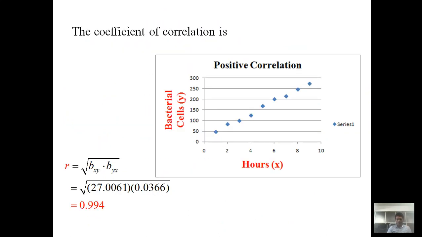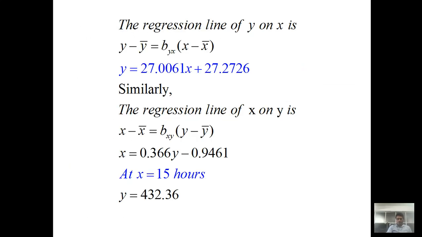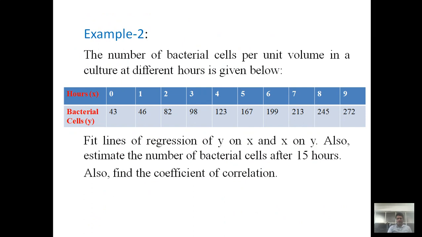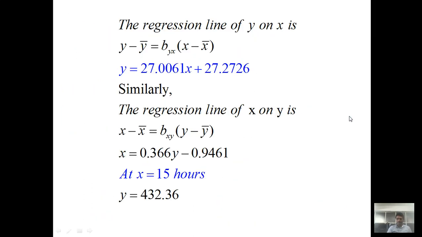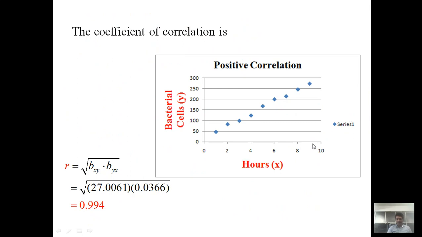At x equal to 1 it is around 46 units. At x equal to 9 it is nearest to 300, that is 272. And we are interested in seeing this line.